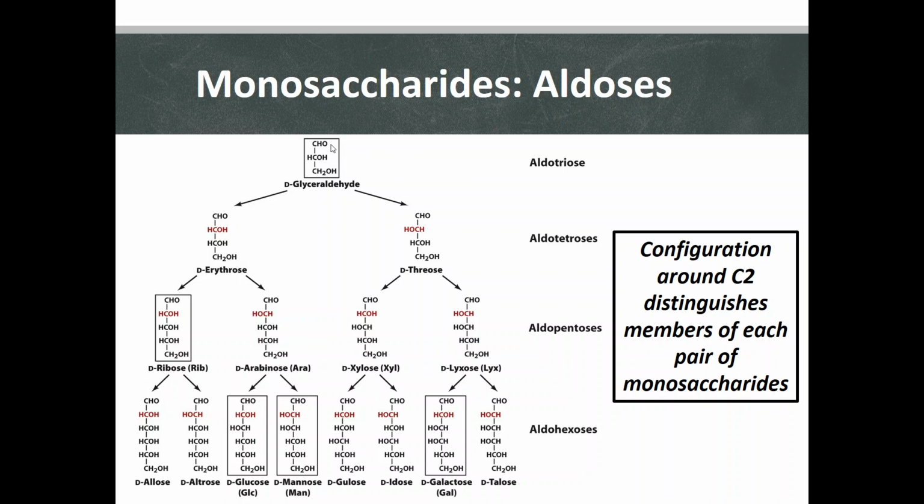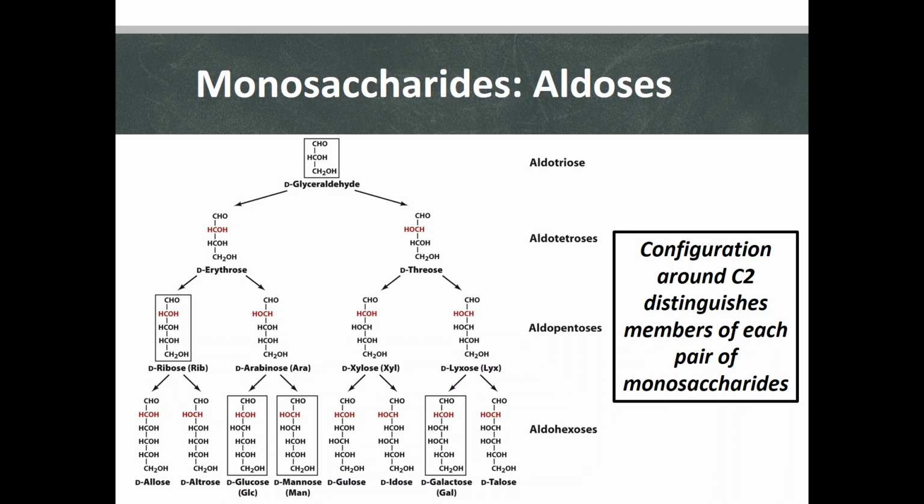So here we have an aldotriose. Now, if you look at this molecule, you'll see there's a single chiral center. So here you can either have D-glyceraldehyde or L-glyceraldehyde. That's really the simplest grouping that we have.